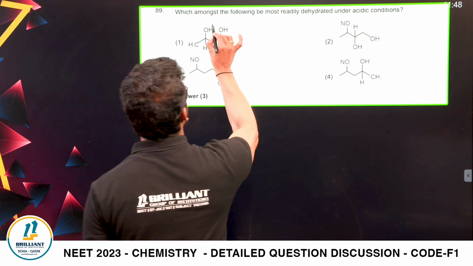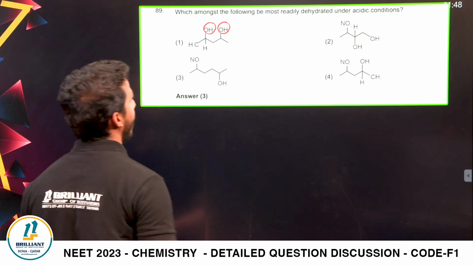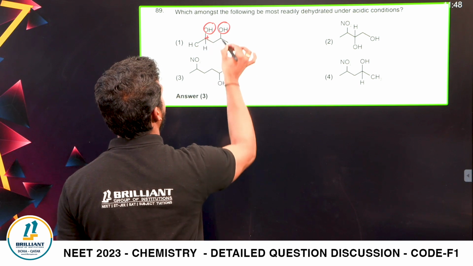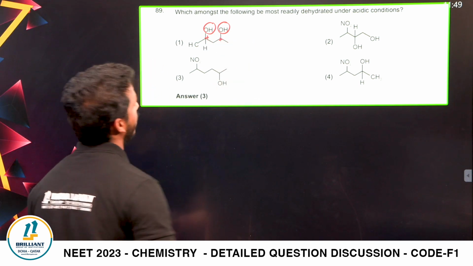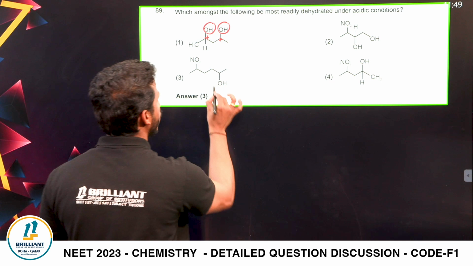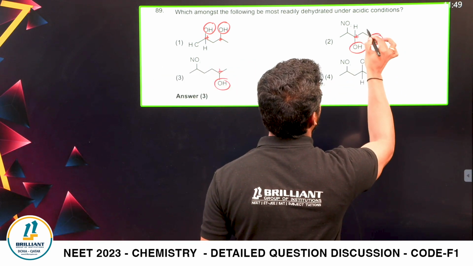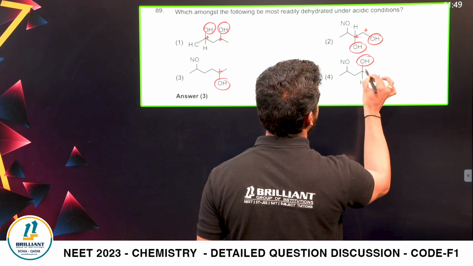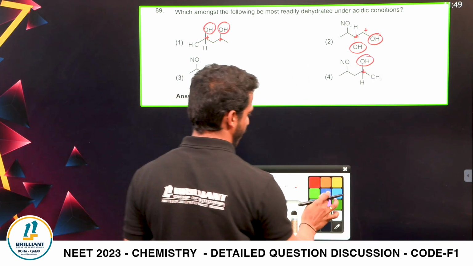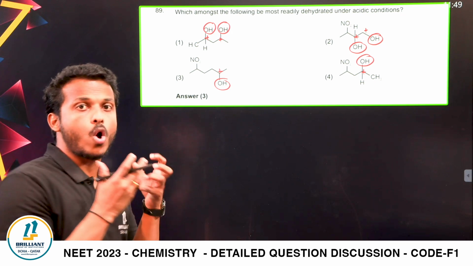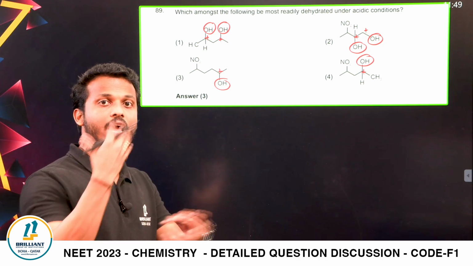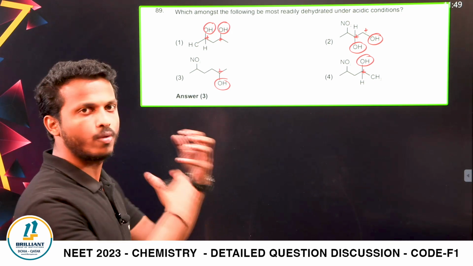So dear all, if you consider these OH species, if you remove this OH, you will get a carbocation. If you remove this OH, you will get a carbocation. If you remove this OH, you will get the carbocation this side. So these are the carbocations formed in these cases. Which carbocation is the most stable one, where the reaction happens faster, where the OH removal is faster, right?